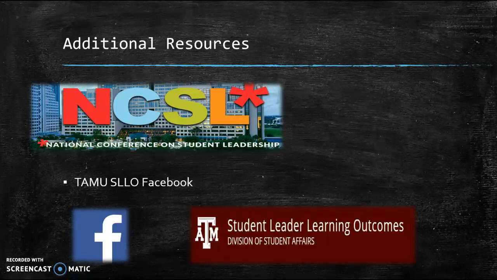Also, if you are looking to incorporate any of these practices into anything that your students are involved in, I would check out the National Conference on Student Leadership, because this is going to go off a lot of what these rubrics and these learning outcomes have discussed as part of this project.